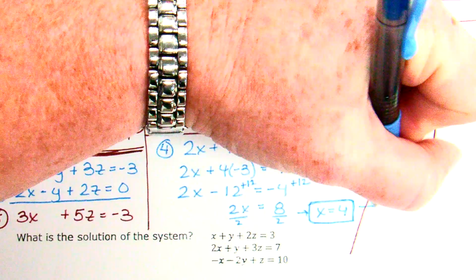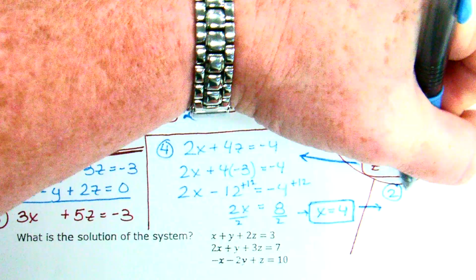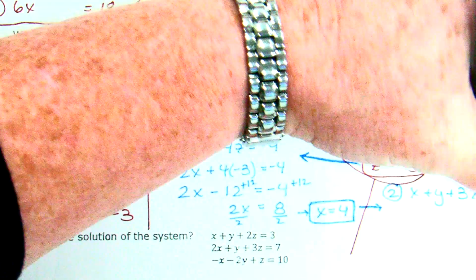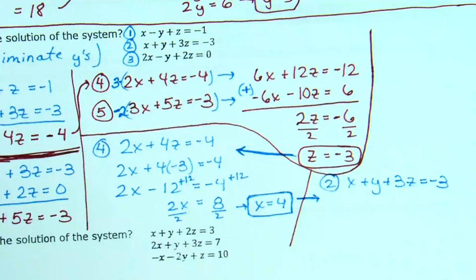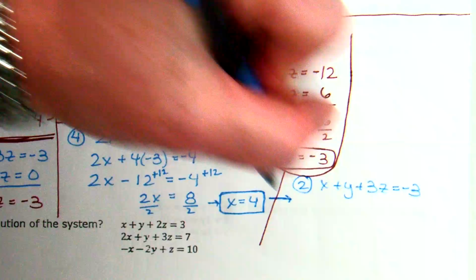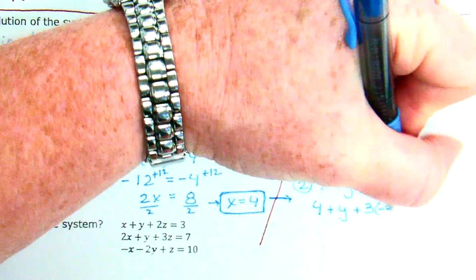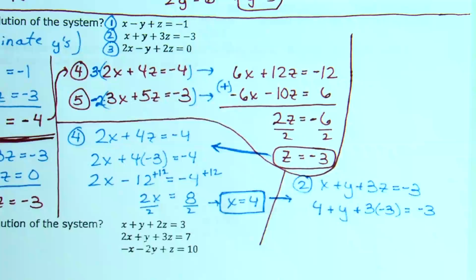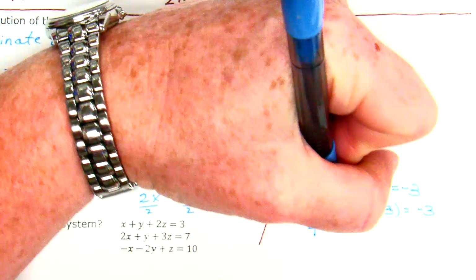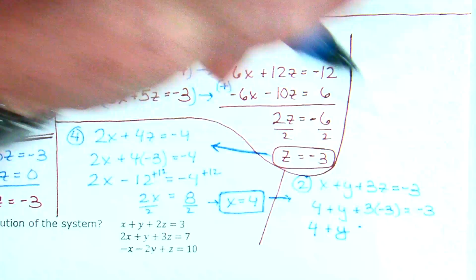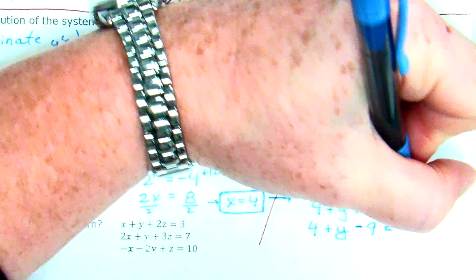So if I go equation 2, x plus y plus 3z equals negative 3. So 4 plus y plus 3 times negative 3 equals negative 3. 4 plus y, 3 times negative 3 is minus 9.